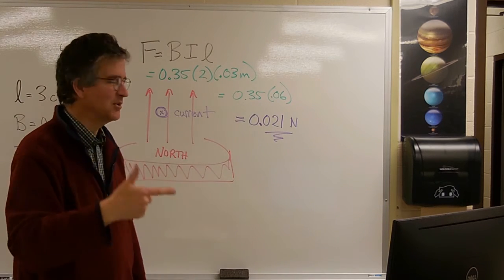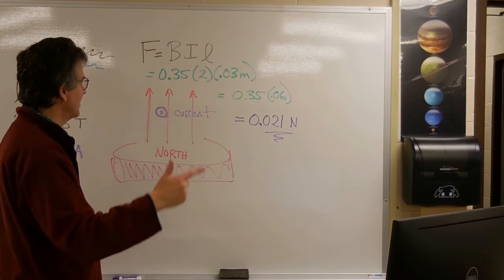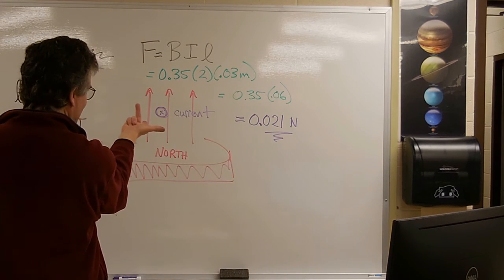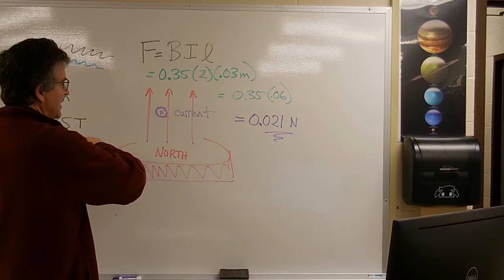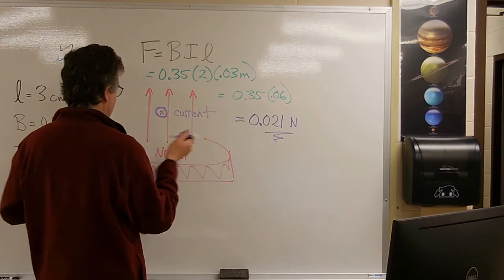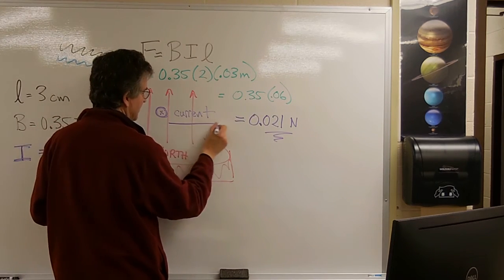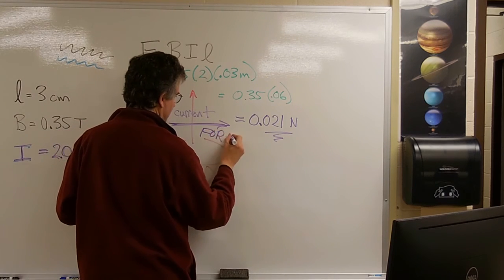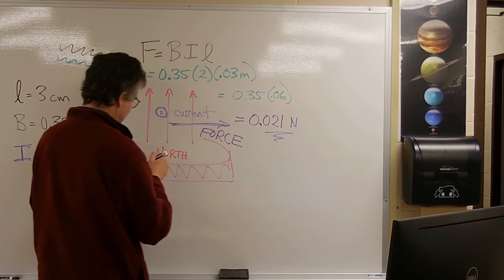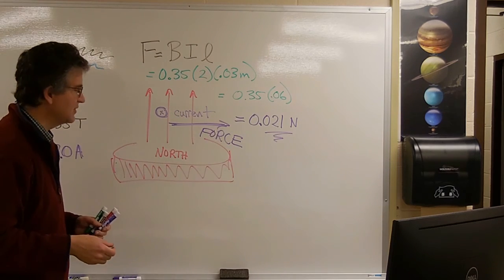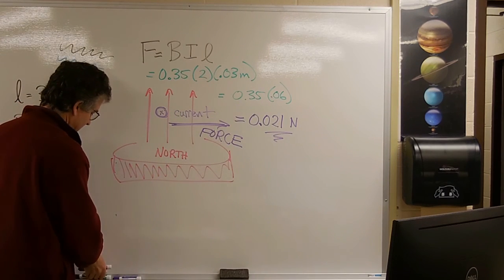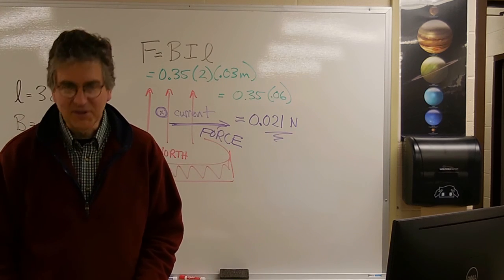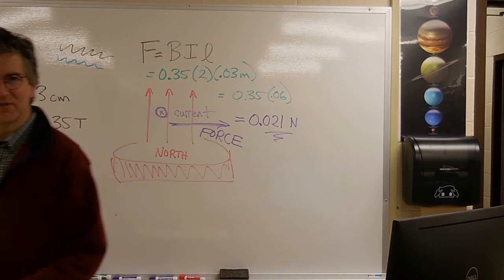So I've got current this way, field up, force that way. So the force is to the right. I'm going to take a pause and check that out and make sure I've done everything right.